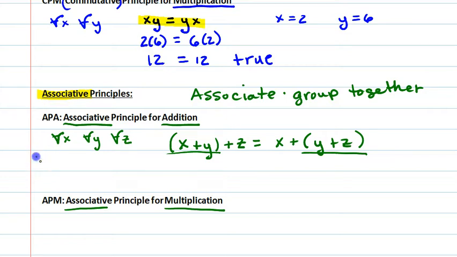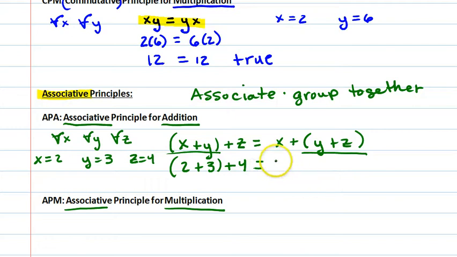So if x equals 2, y equals 3, and z equals 4, let's test this out. So I have 2 plus 3. I'm going to group that here because I want to follow the pattern exactly, plus 4. That should equal 2 plus 3 plus 4.